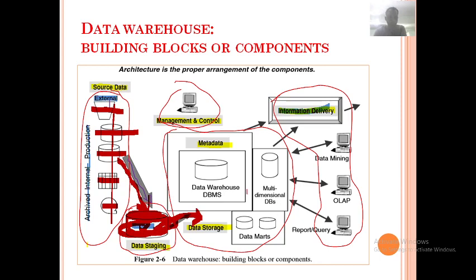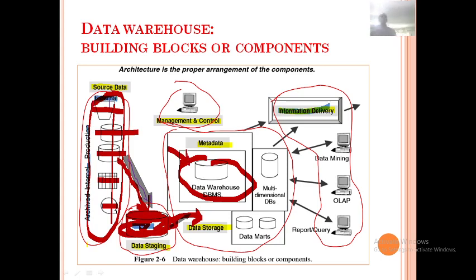Assume that this is a data warehouse. Then you have the source data here, meant for daily transaction purposes. Here, this is meant for historical data, which is suitable for getting reports and analysis.